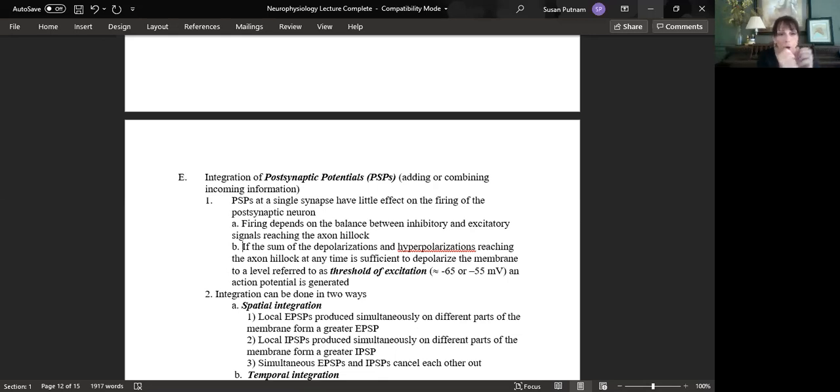Boom. Remember those sodium channels at the junction will change configuration, open up, and allow sodium ions to rush in to the axon.